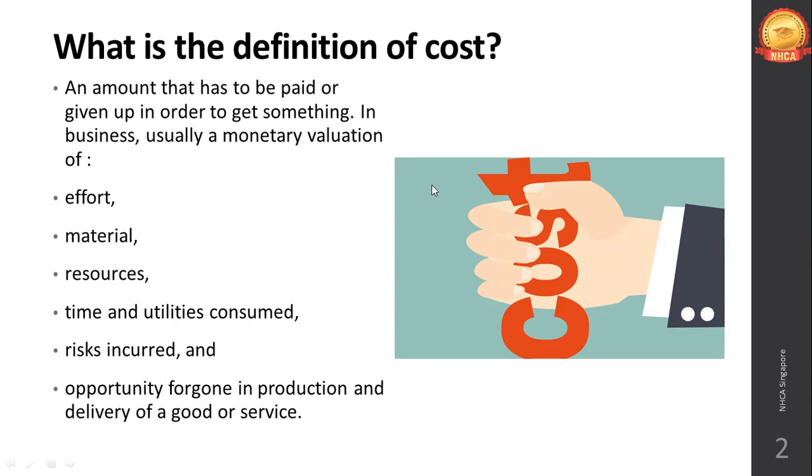Cost comes in different formats as well. The effort that you have taken in exchange to get something is a cost. Materials that you have given up to get or make something are a cost. Resources given or paid, your time, the utilities consumed, the risk that you have taken, all become a cost.